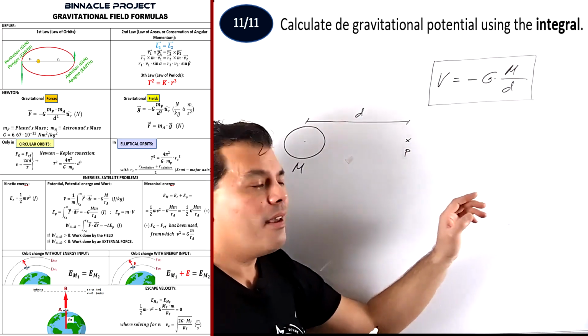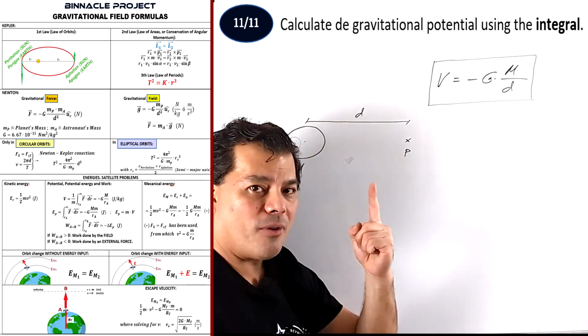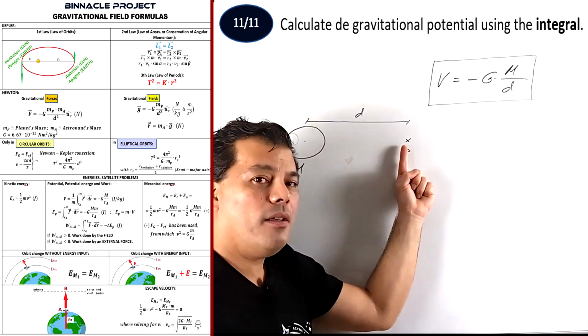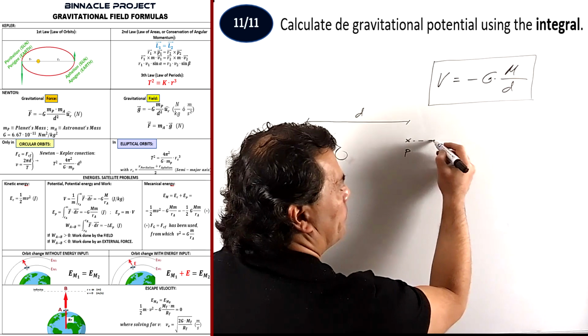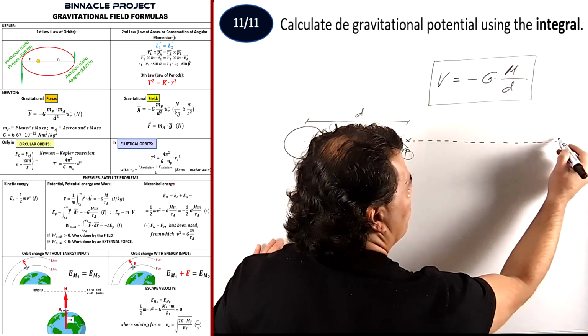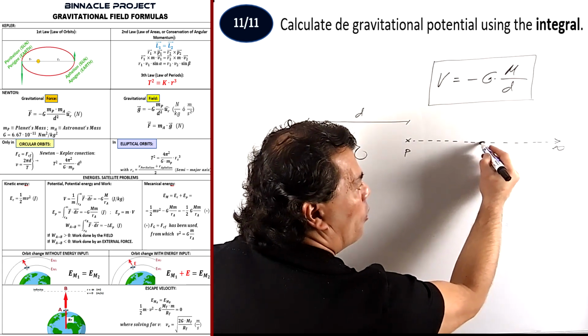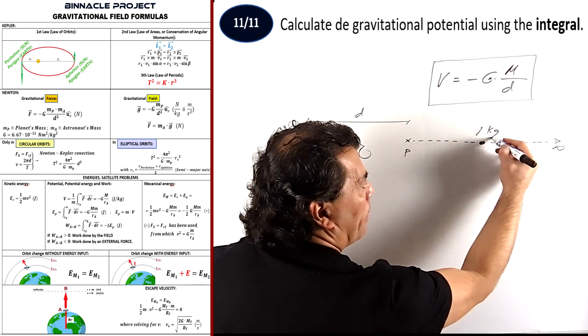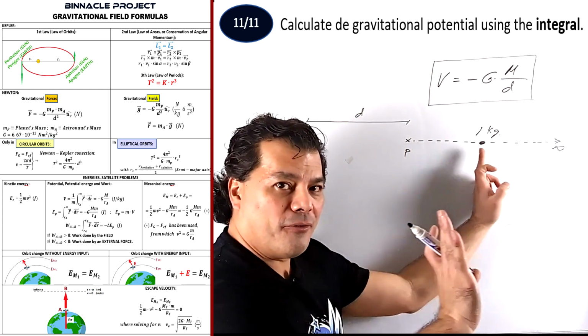Don't forget it. It is the work done by our planet to move 1 kilogram of mass from point P to the infinity. So this is the path we are traveling to move to the infinity. And this is our mass, 1 kilogram. We are moving from point P to the infinity.